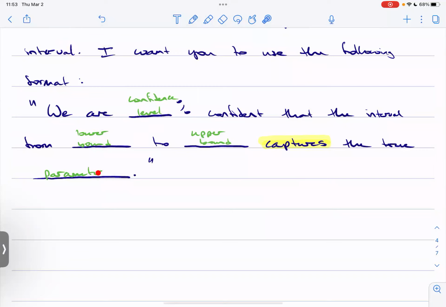We talked about the proportion of US adults who would vote in favor of a candidate, right?